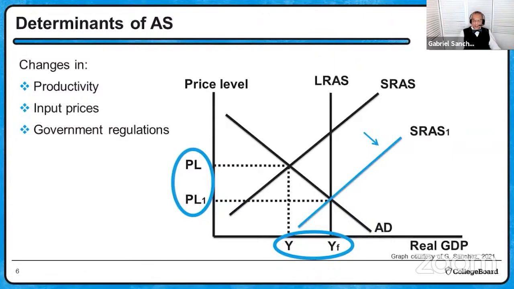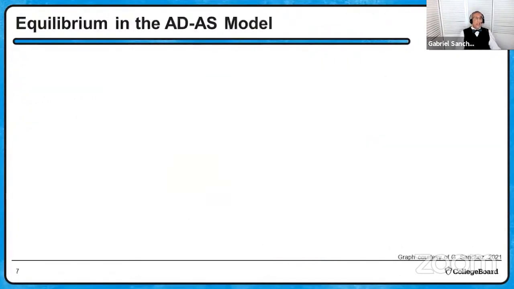And when that shift occurs, we can see we have new output from Y to YF and from PL to PL1. And so these are the results that happen when the determinants of aggregate supply and/or aggregate demand change. We will see changes in, again, output, employment, and price level. Now, the economy can be in basically 3 different states of equilibrium.